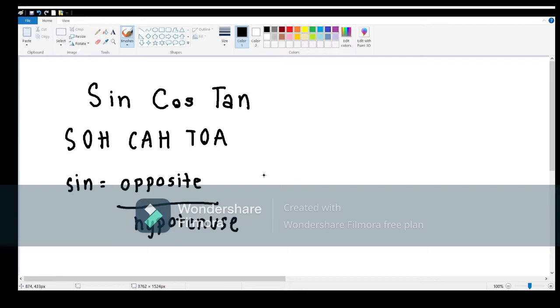And then we have CAH, which is for cos, and that is adjacent over hypotenuse.